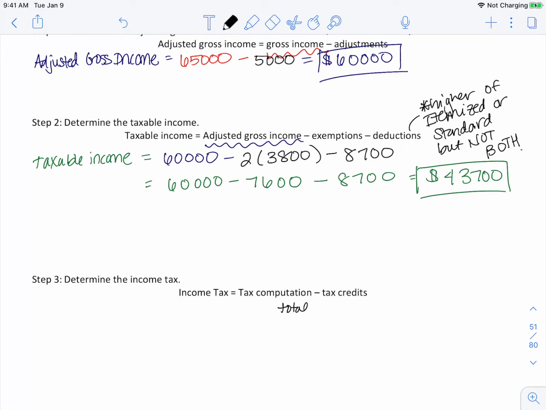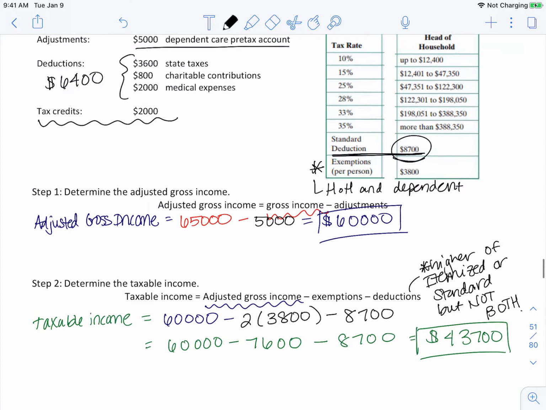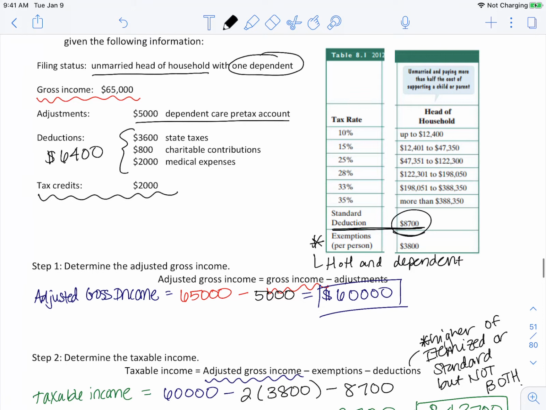Our total was $43,700. So if I look above here, $43,700 falls here within the 15% range. So we would say this person is in the 15% tax bracket.